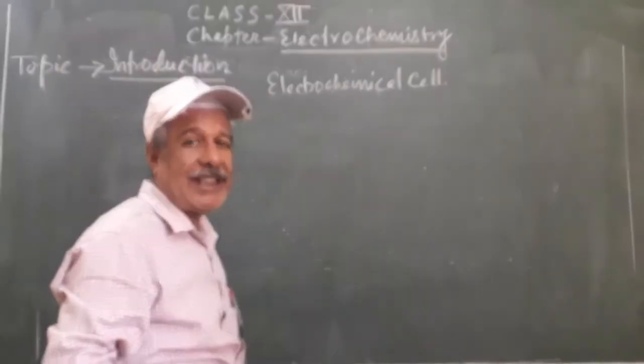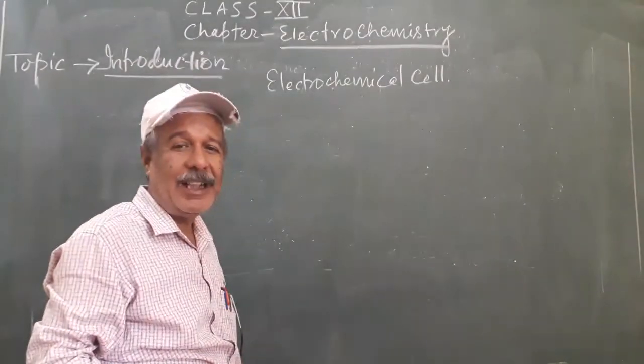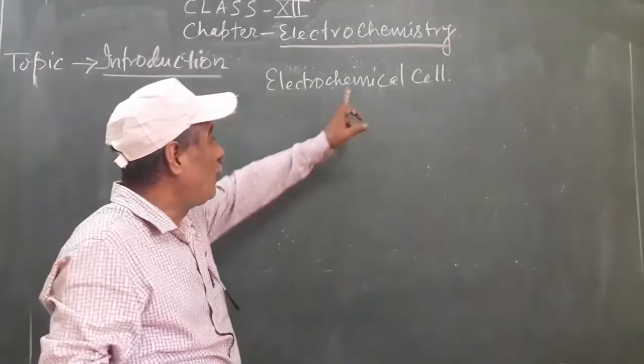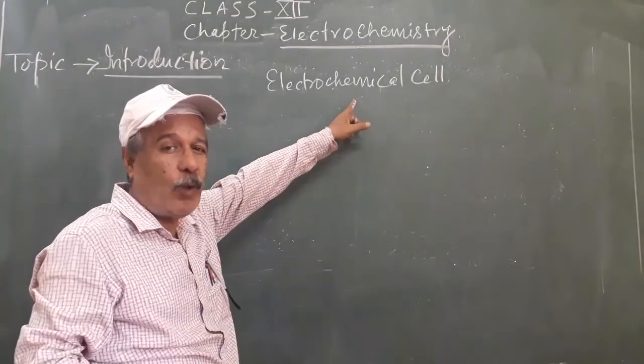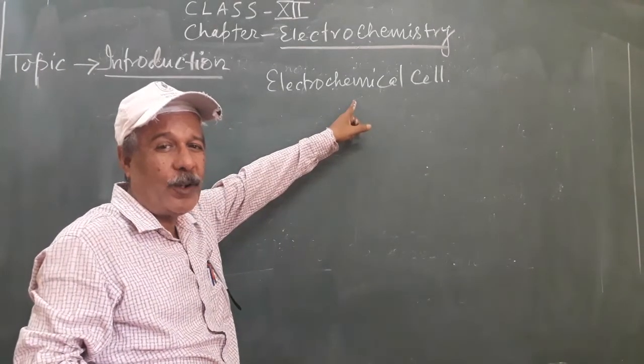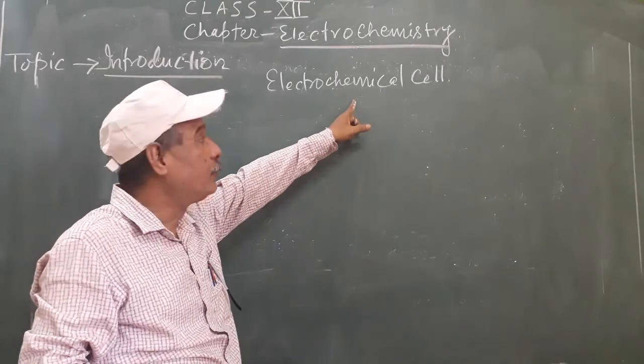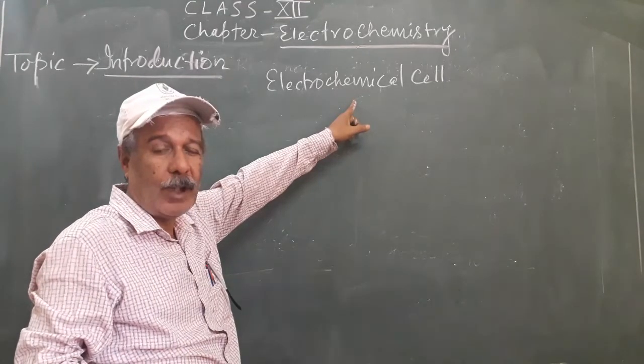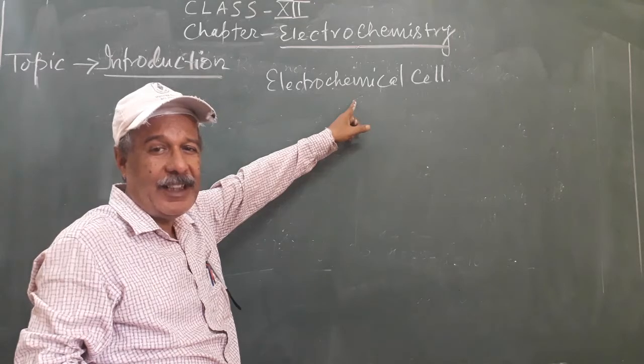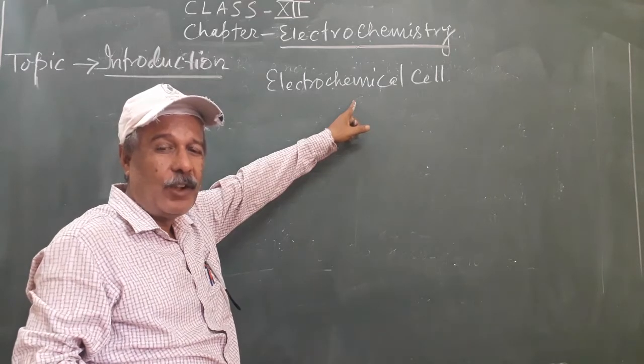It is known as electrochemical cell. So this device, for what it is? It is for interaction between electric current and chemical reaction.